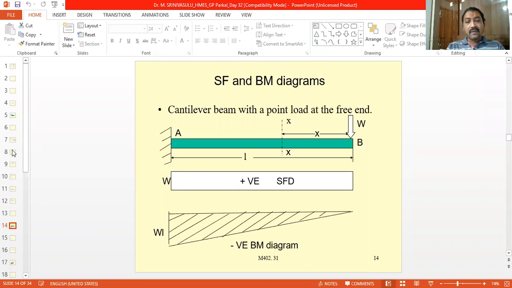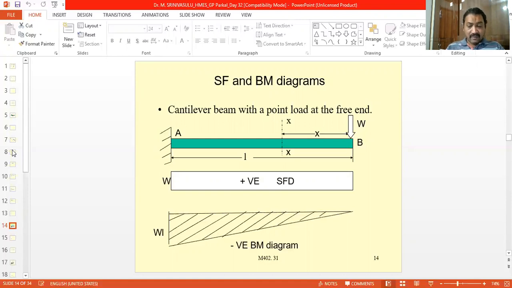But here, because the W is acting at point B only, and the section we have considered is XX, here point A, point B, and the point XX, these three are the salient points. We are supposed to find the magnitude of the shear force and bending moment at those salient points, and then construct the shear force and bending moment diagrams.